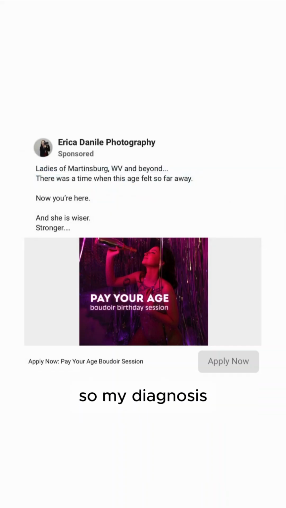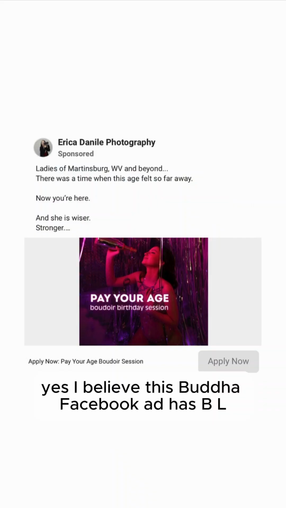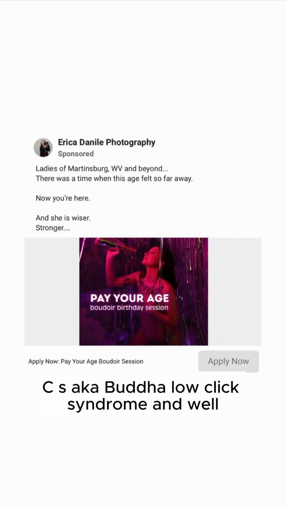All right, so my diagnosis. Yes, I believe this Boudoir Facebook ad has BLCS, aka Boudoir low click syndrome, since its unique CTR is probably under 6%.